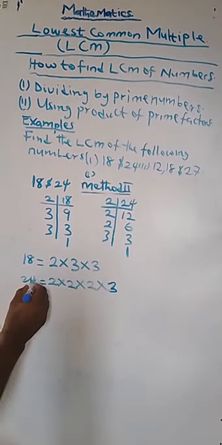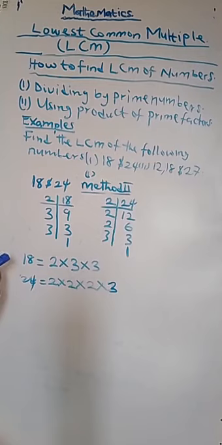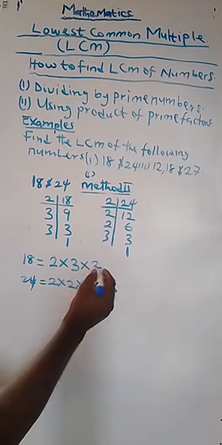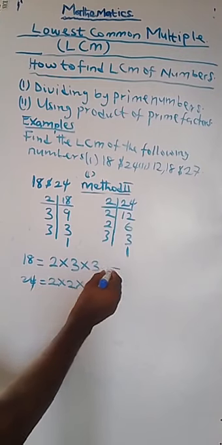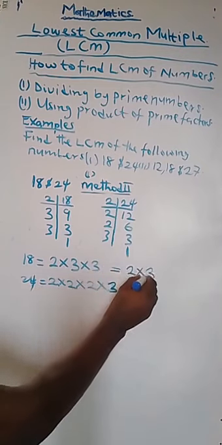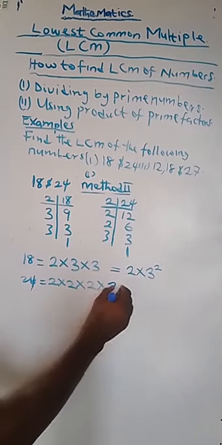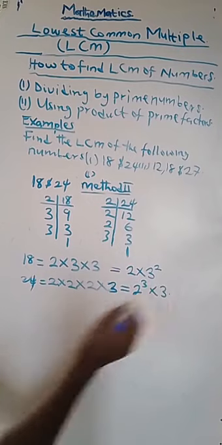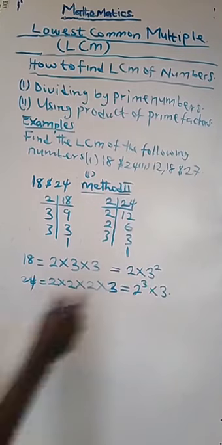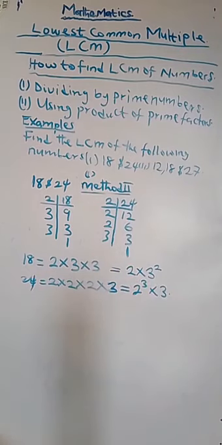Now, listen and listen good. After you have defined each of the numbers like this, you have to use index notation to write them. Let me write them in index notation. 18 will be 2 times 3 raised to power 2. Then 24 is 2 raised to power 3 times 3. Now, how do I pick these numbers to have my correct LCM?